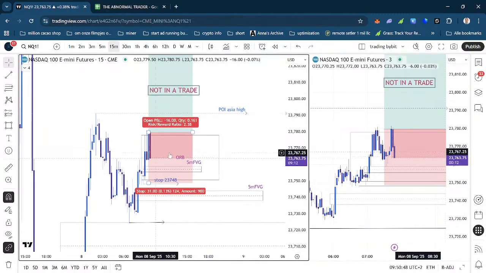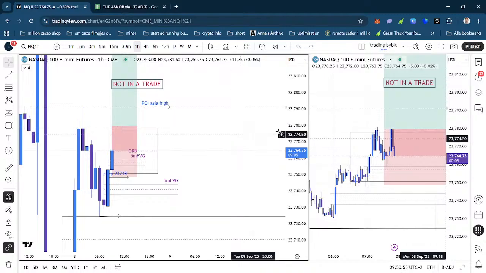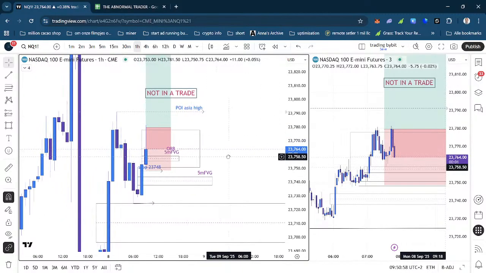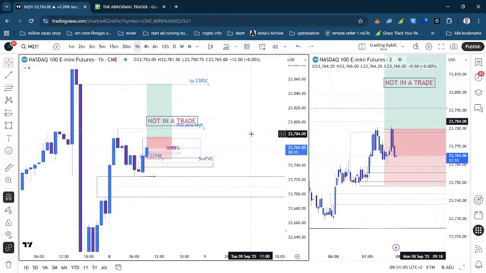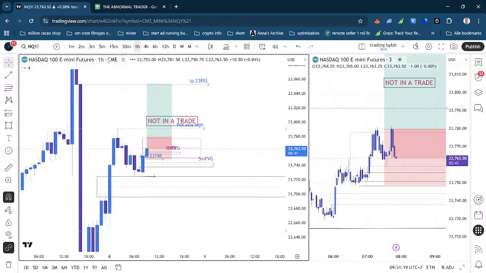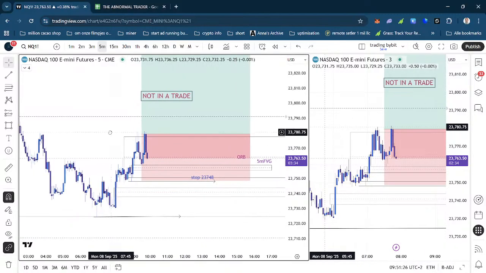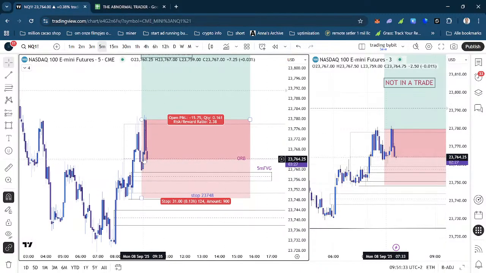In the next 9 minutes we will see what happens. We're now in a 5 minute fair value gap again, so I do want to see a bullish reaction off of it.